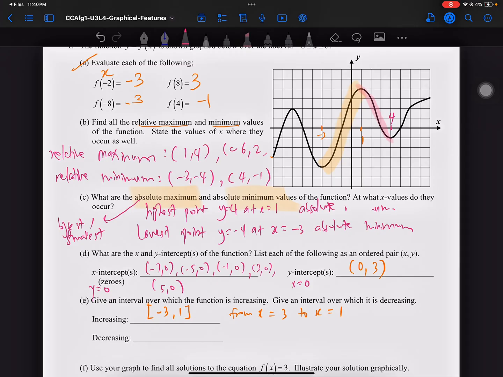And I can write my interval like 1, 4, from x = 1 to x = 4. It is decreasing, or falls, or goes downward. To describe an interval, we only use x values, never y values.